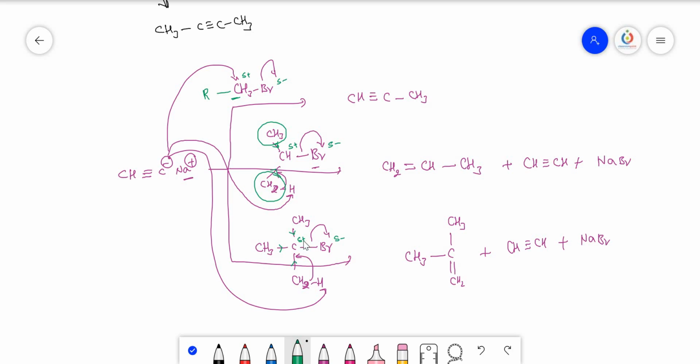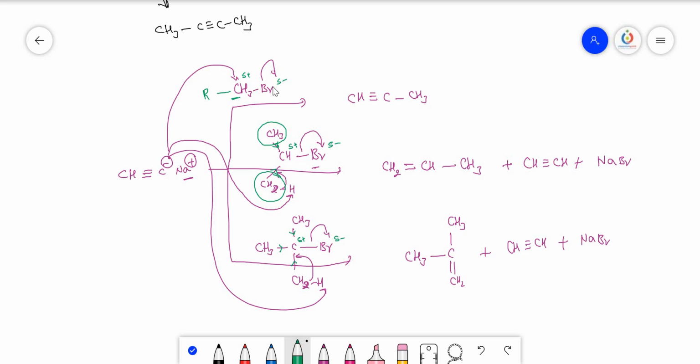In these two cases, the positive charge over this carbon is less, because other groups are releasing electrons to this carbon. Hence, the negative charge preferably attacks the neighboring hydrogen, which can easily be removed because of hyperconjugation, rather than attacking the carbon atom. But in this particular case, if you write R, here it will be CH2.